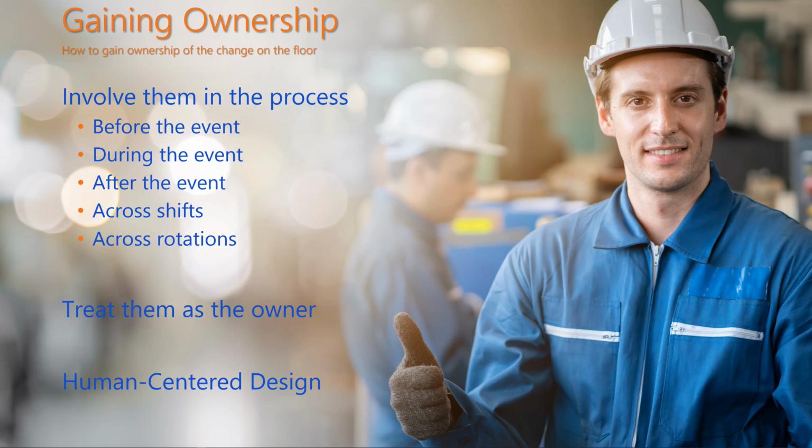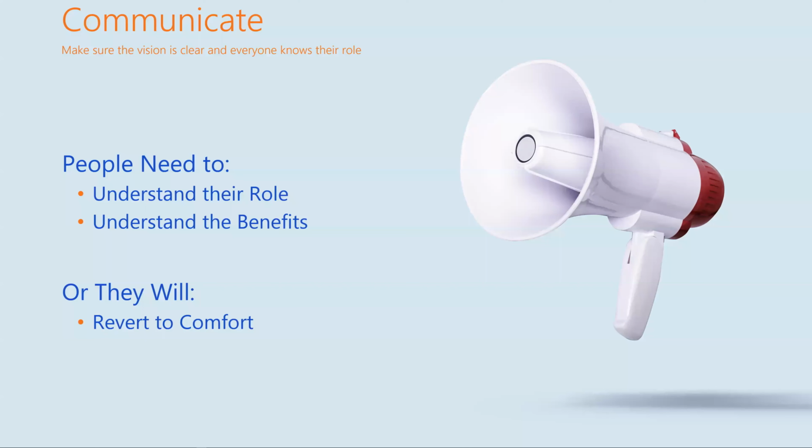If human-centered design in manufacturing is an unfamiliar topic, I've done a couple of joint presentations with my partner at Sandalwood Engineering and Ergonomics. They are the experts at human-centered design on the shop floor and can help your company design processes that work for the operators. When the people on the shop floor can see that the effort is being put in to make the workplace a good one for them, it helps to gain that ownership of the updated process.